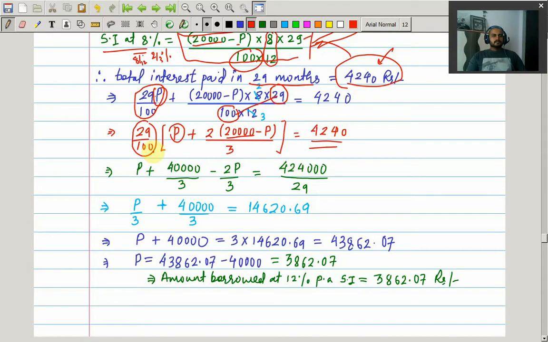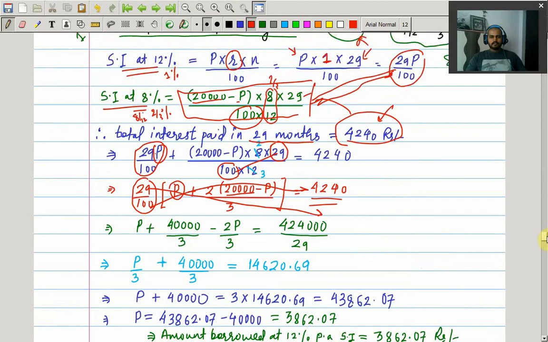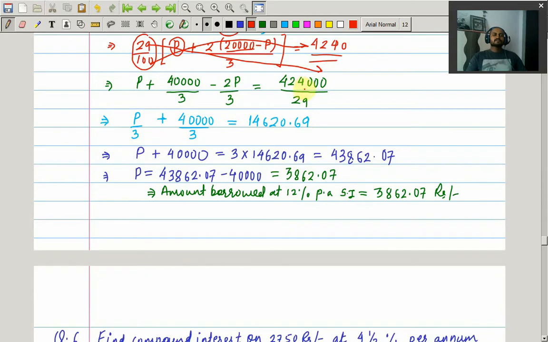Now this 100 is multiplied with this, and this 29 comes into the denominator. I have done cross multiplication. So this is what we get. This extra 0 is multiplication by 100, and this 29 comes in the denominator.